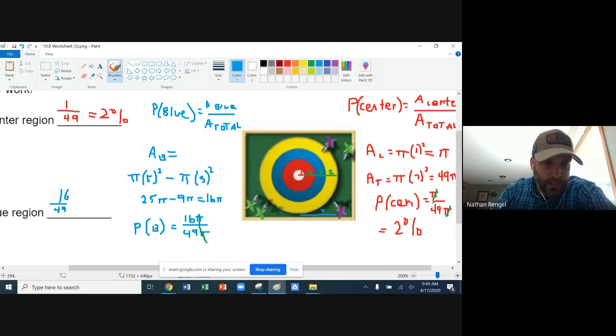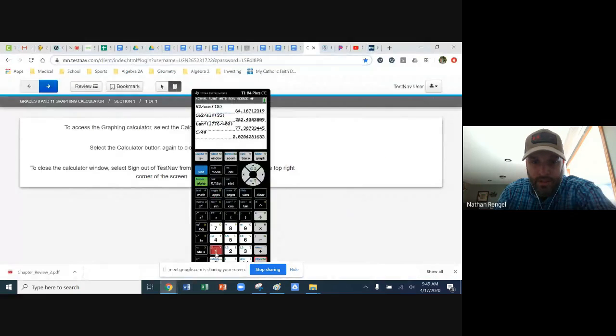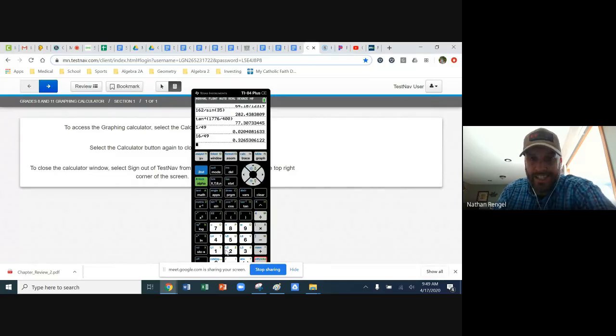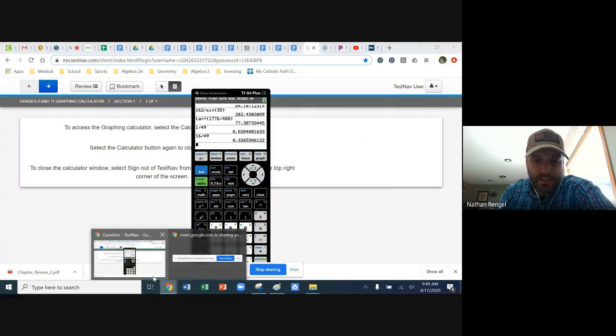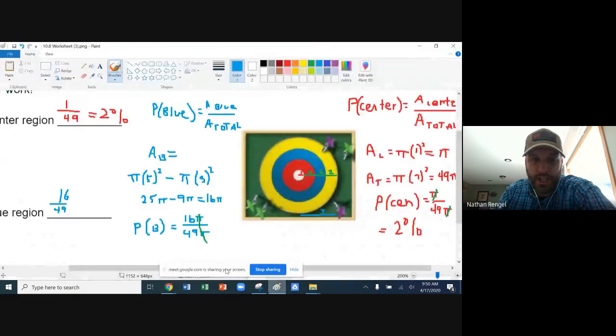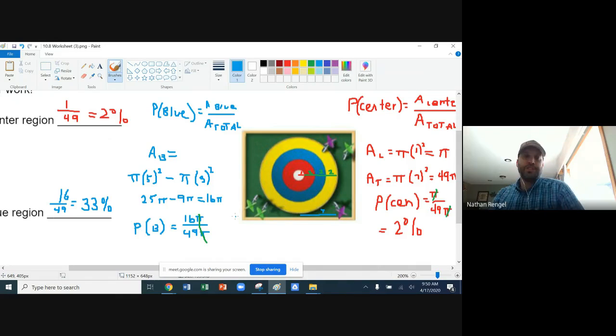So we'll head back to our calculator. 16 divided by 49 gives us 0.326, so that's 32.6, and since it's a 6, that's going to round up to 33%. So I'd have a 33% chance, a 1 out of 3 chance, of hitting that blue region.